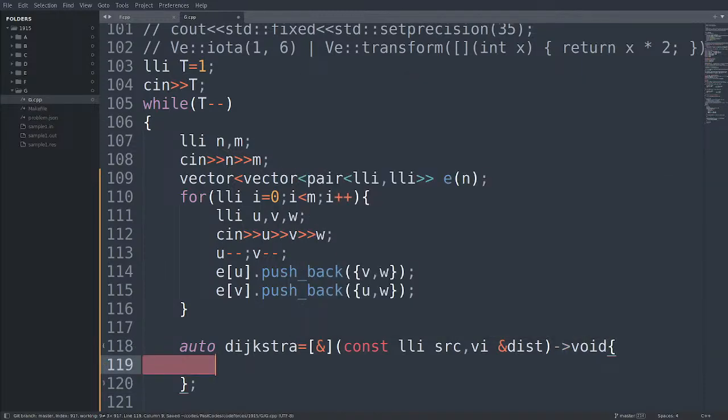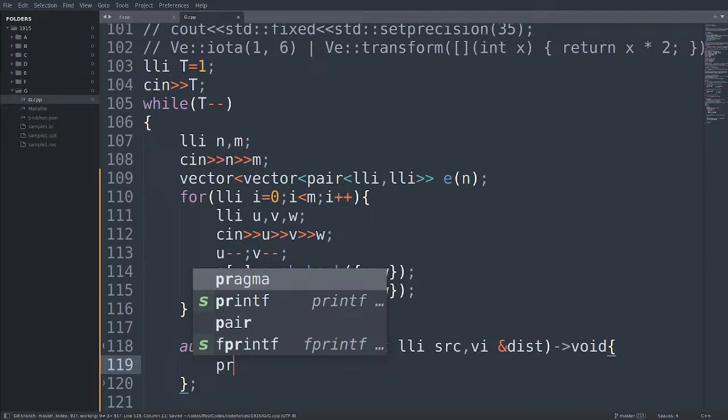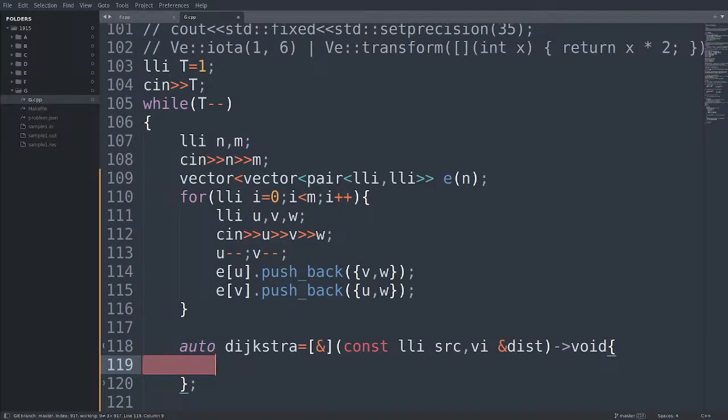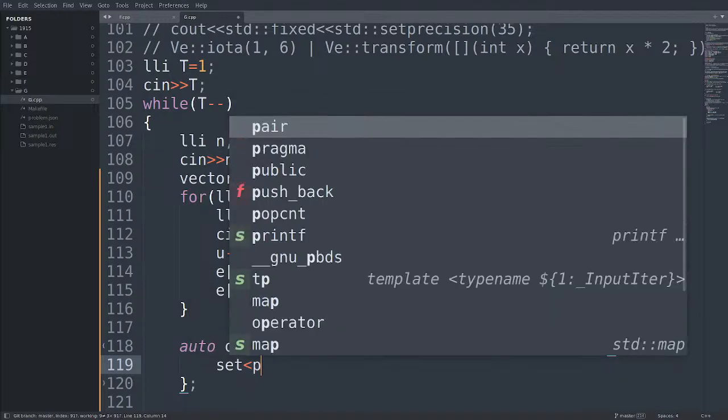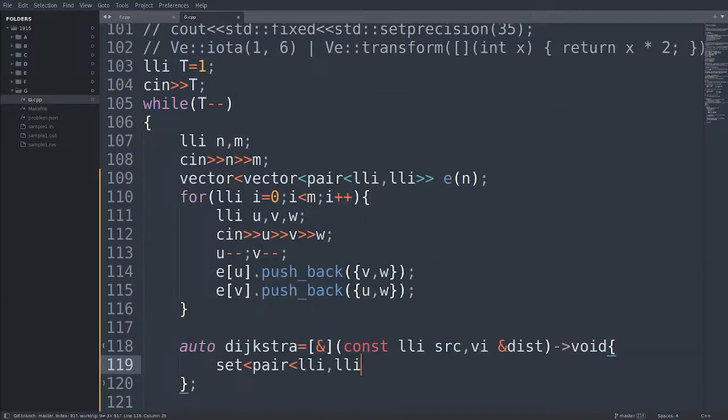For that, I will need a priority queue, a min priority queue, in fact. Or probably I can also use a set to create my priority queue, because a set orders numbers in increasing order.